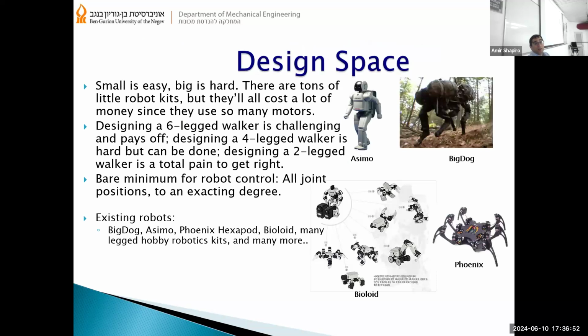Some design considerations. Small is easy. If the robot falls, it's not that terrible, and the motors are small, and the torques are small. Big is hard, so having a full-scale humanoid is difficult. There are many little robot kits.